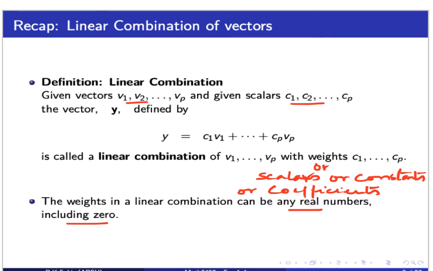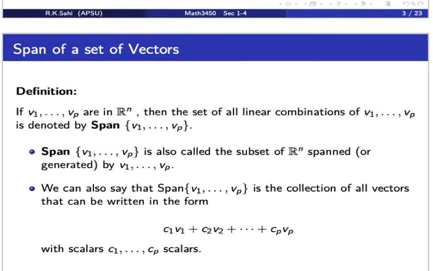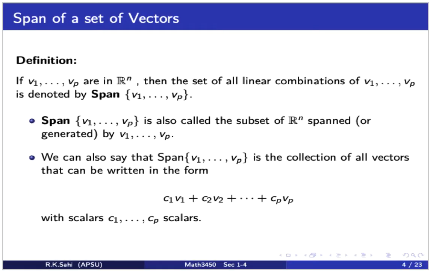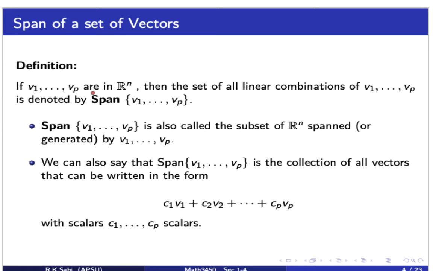So let's look at it in a proper definition mode. If v1 to vp are vectors in Rn, any dimensional space, then the set of all possible linear combinations of v1 to vp is denoted by the span of the set v1 to vp.